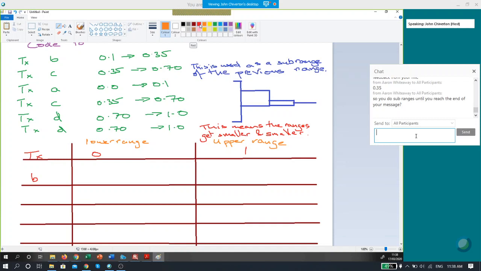Okay, right. So what we want to do then is say, new lower range is equal to 0 plus the old range, which is 1 minus 0 there, multiplied by the lower range value for the symbol that's being transmitted, which is 0.1 in this case.